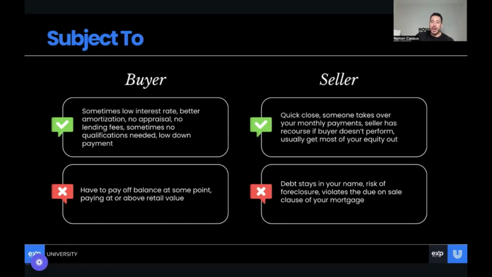And then last but not least is that you as the seller have to know that by selling this property in a subject to style of transaction, you are 99% of the time violating the due on sale clause of your mortgage. So something to be aware of. And again, that's a whole other training for another time, but that due on sale clause is most likely being violated. So that is everything about subject to, the pros and cons for the buyer and the seller.